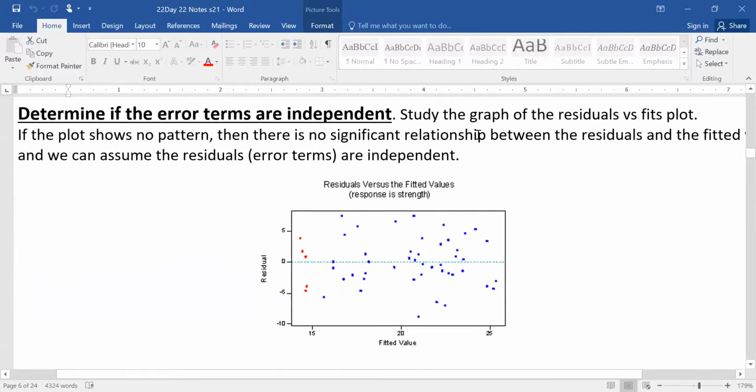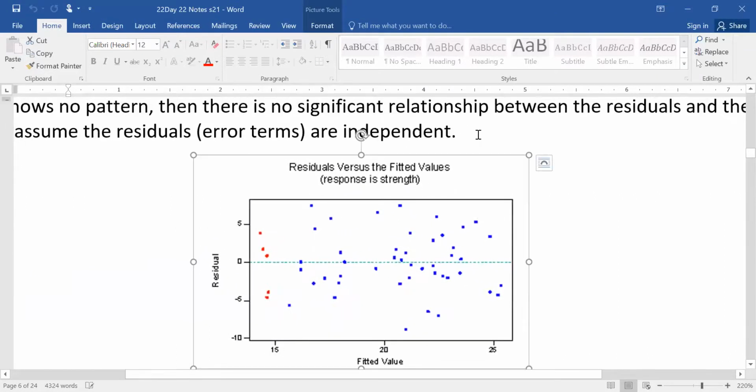I know I mentioned this last class, but see this plot right here, how all the dots are all over the place, right? That means that they're independent. There's no pattern. I don't see a straight line. I don't see a parabola. I don't see any sort of pattern. So I'm going to say that these are independent, okay? I'm looking at the dots.